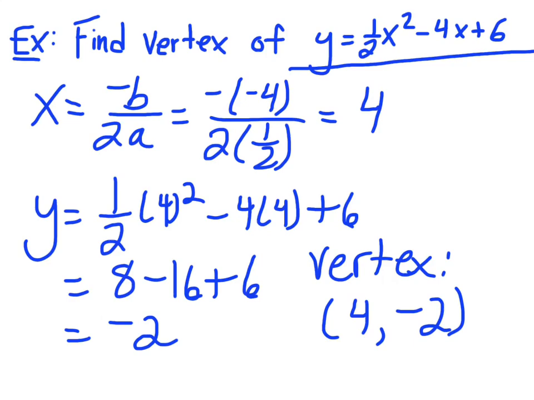This way is also great if you want to change something. If you're on a test and your question is change this to vertex form, all you need for vertex form is your vertex and the vertical stretch, or your a value. So in vertex form, it would look like this: y is equal to 1/2 times (x minus 4) squared minus 2.